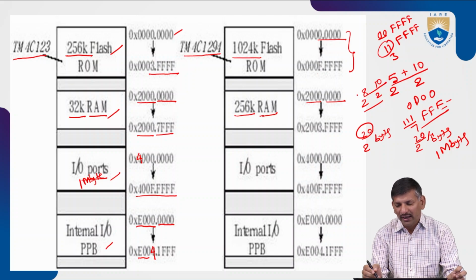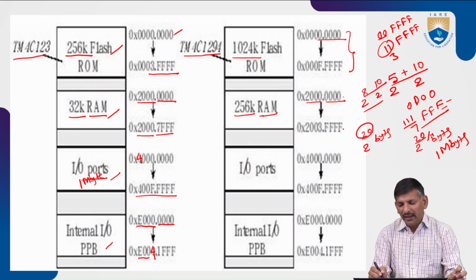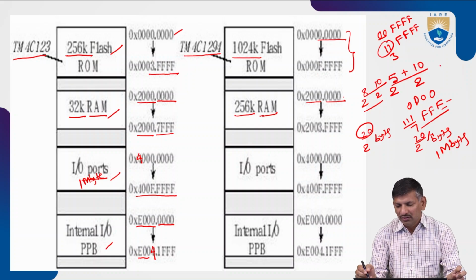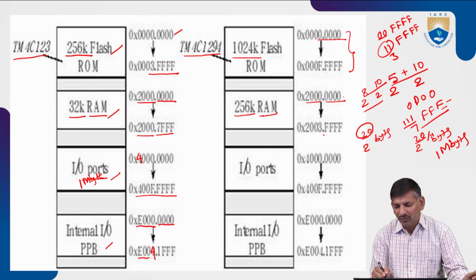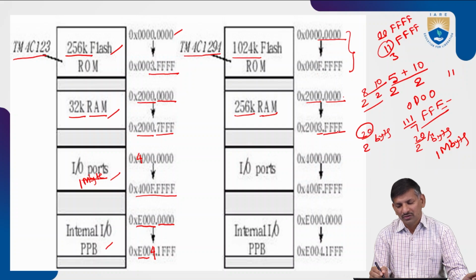So the range is 18 zeros minimum value, maximum value is 18 ones. 18 ones means 4 into 4, 16, that is 4 Fs, and then the remaining 2 ones mean 3. So the address range for RAM in the TM4C1294 is starting address 20000000 and ending address is 2003FFFF.